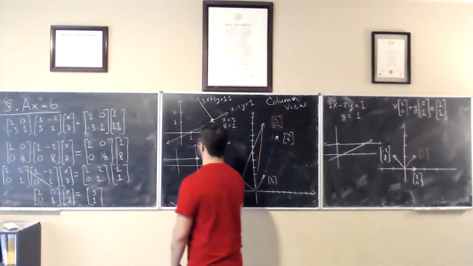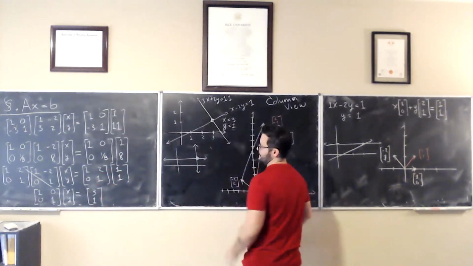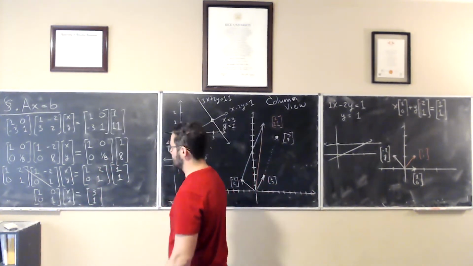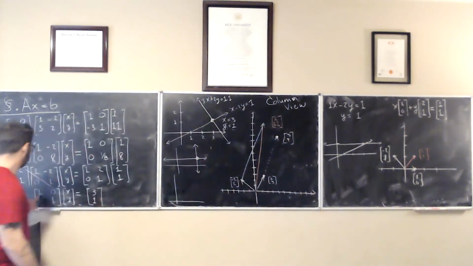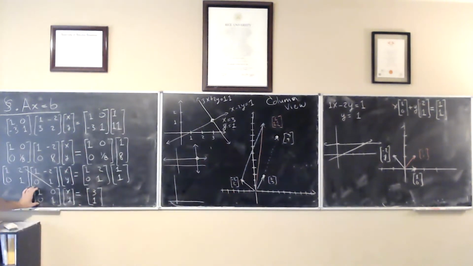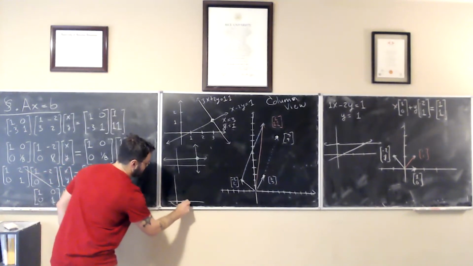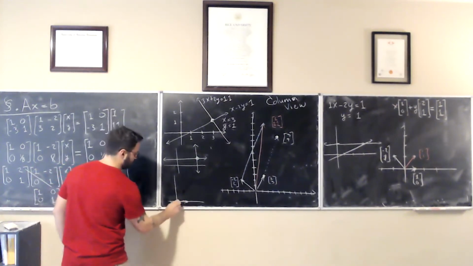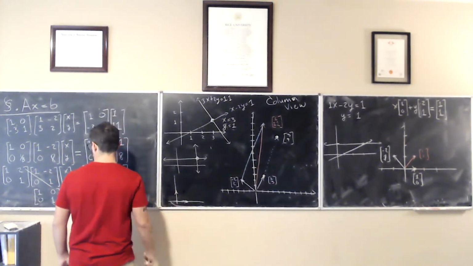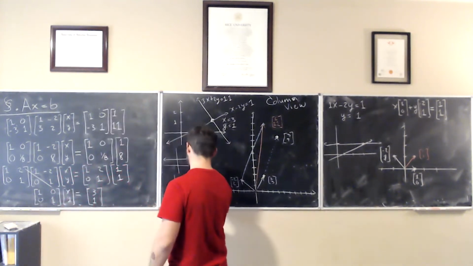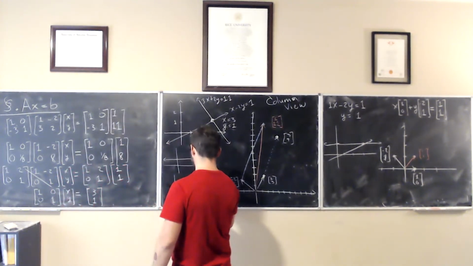So that's the row picture. The column picture is just as easy. We have column vector 1, 0, and then the column vector 0, 1. And then 3, 1 is 1, 2, 3, 1.